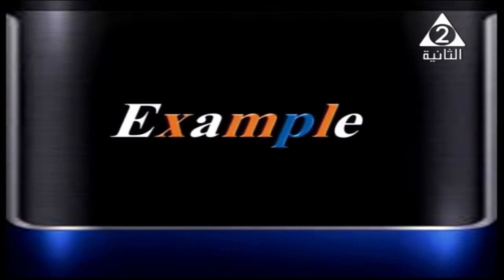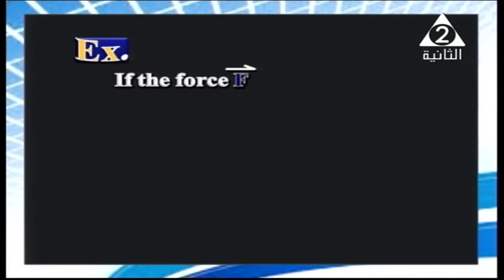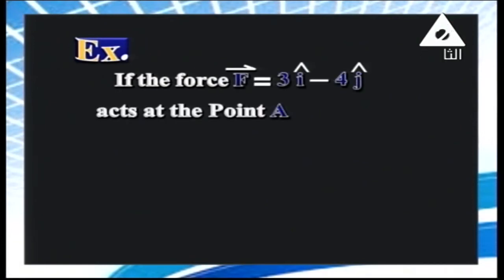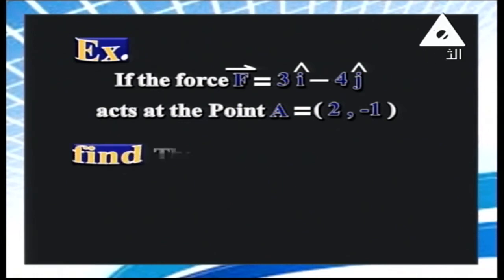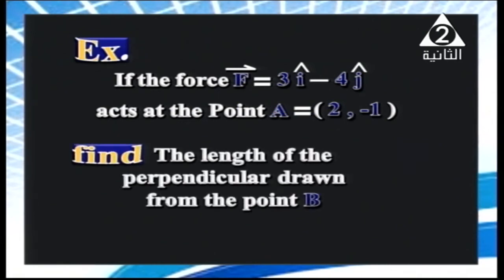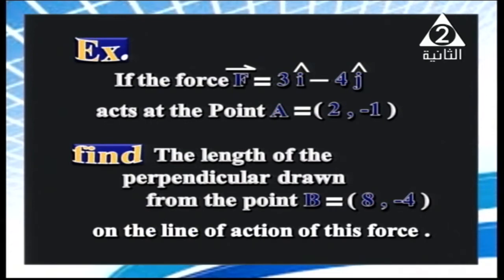Now we move to another example. If the force F equals 3i minus 4j acts at the point A, whose ordered pair is (2, -1), find the length of the perpendicular drawn from the point B (8, -4) on the line of action of this force.